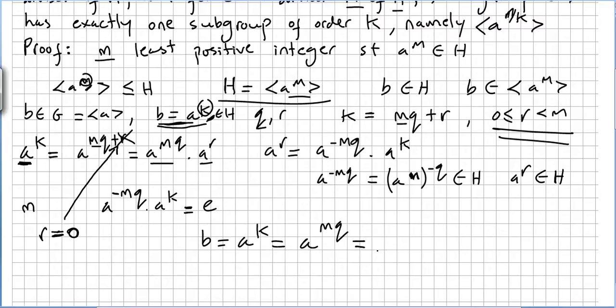So this is a to the power of m, to the power q, and this is in the set generated by the powers of a. So this proves that every subgroup of a cyclic group is cyclic. Okay.